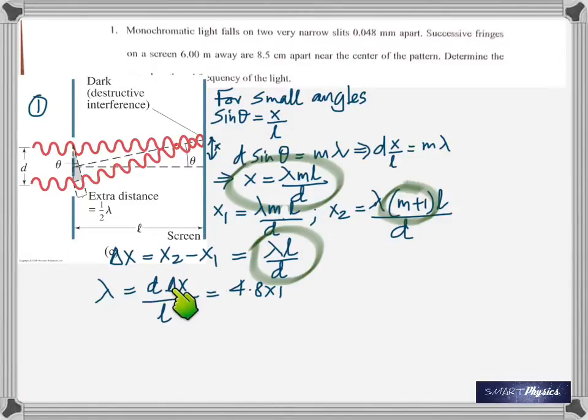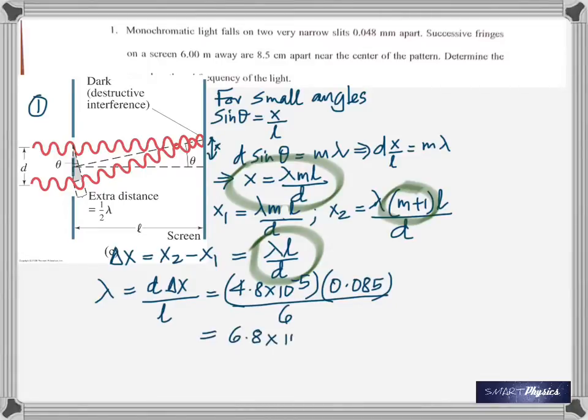So you have all these three quantities, plug them in. 4.8 times 10 to the negative 5, that's in meters, times 0.085 by 6, and you will get 6.8 times 10 to the negative 7 meter.